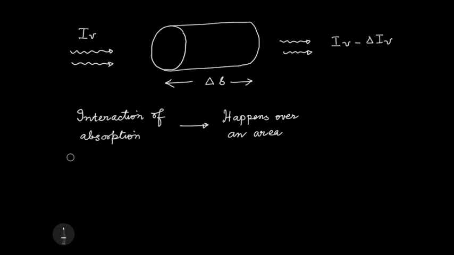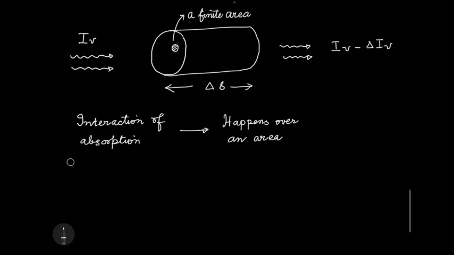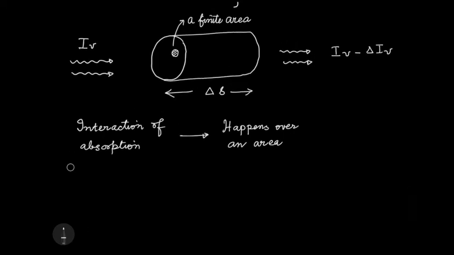Strictly speaking, it is not like that. But when I say over an area, I mean that it's not only that pinpoint atom at which this interaction happens. The photons see an atom projecting a finite area. And we are essentially talking about an effective area.